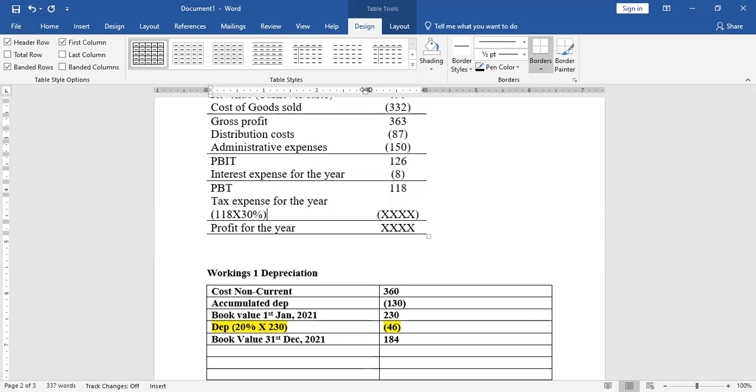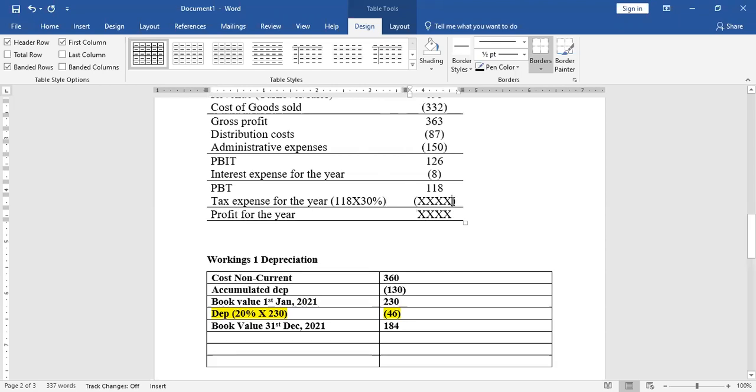Can I stretch this better? Yes. So what is 30% of 118? It's 35.4. 35.4 is the tax for the year.